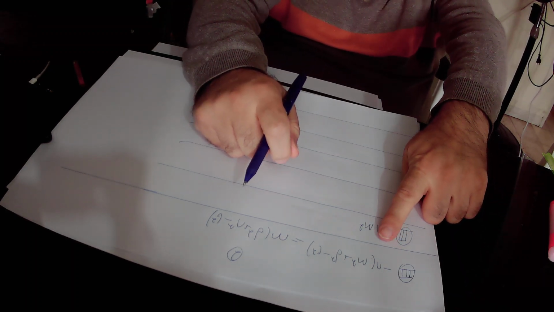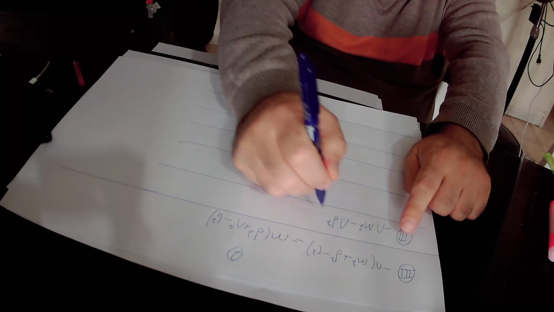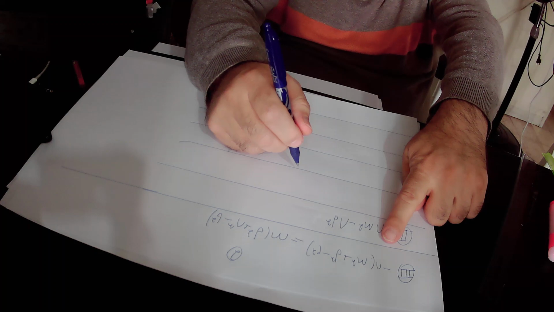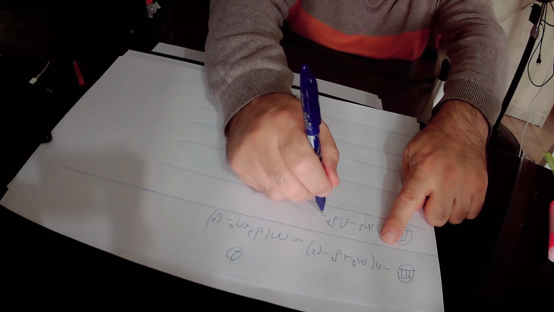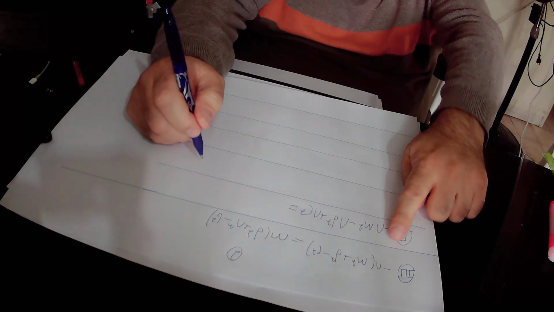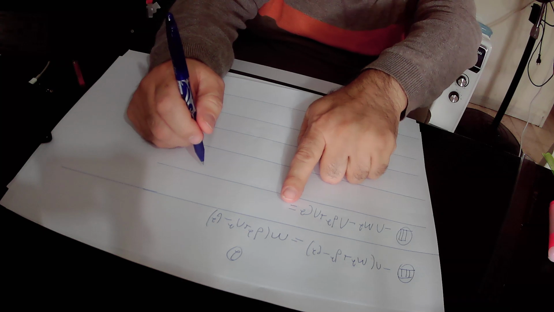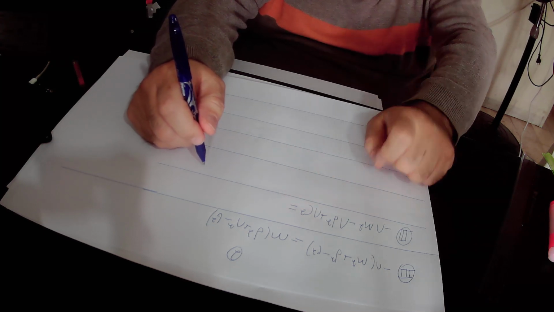Minus n times d square is minus nd square, and minus n times minus c square is plus nc square, equals to, we will open the brackets of this side of equation number 3 also.